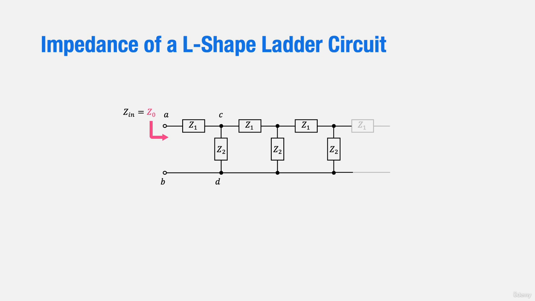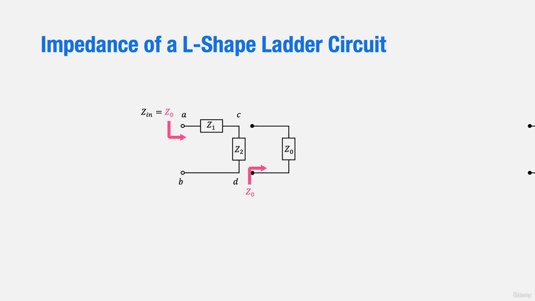When viewing the network from the AB interface, the input impedance is Z0. However, since the ladder network is infinite, the input impedance should also be Z0 when viewed from the CD interface. Thus, we will use Z0 to represent the impedance looking to the right from the CD interface.